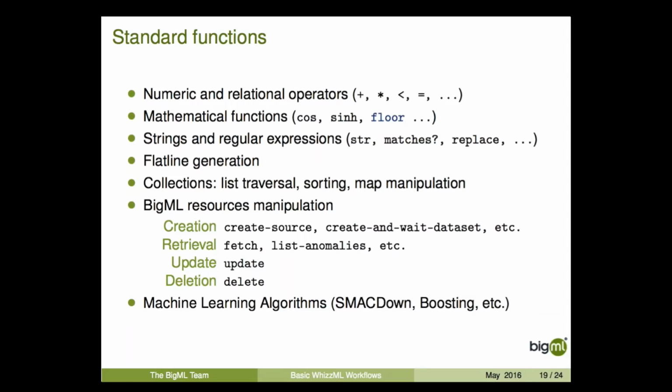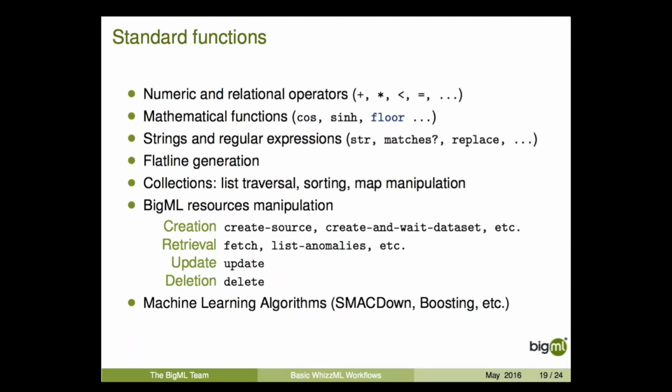And then we have the usual things that allow you to manipulate collections, so list traversal, performing a map, so performing a function on every element of a list, sorting lists, getting sublists, and so on and so forth. And then finally, the payoff, is BigML resource manipulation.